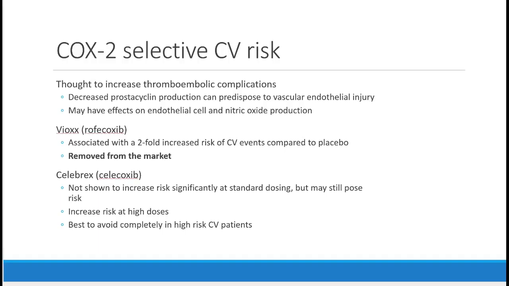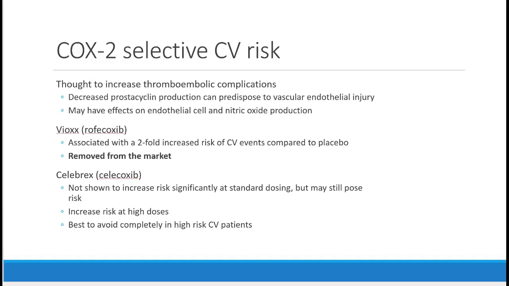I'm not going to spend a ton of time on the COX-2 selective cardiovascular risk. Basically, there's a drug on the market called Vioxx a while ago that was removed because there seemed to be a twofold increase in CV events compared to placebo. So there's been a lot of research into NSAIDs and cardiovascular risk.